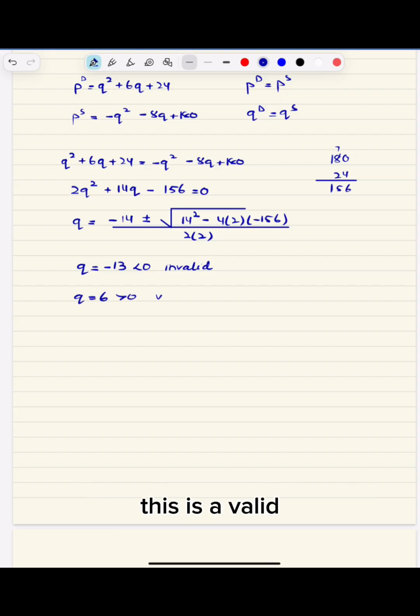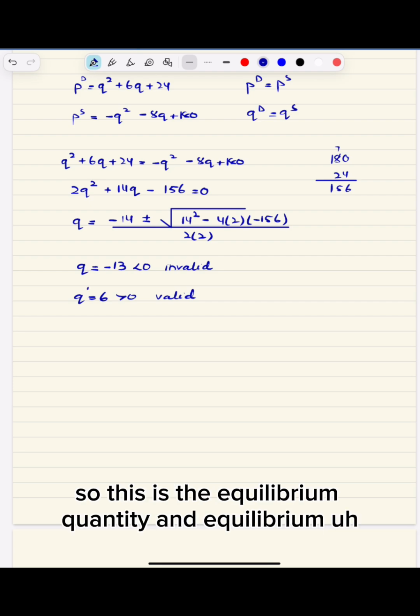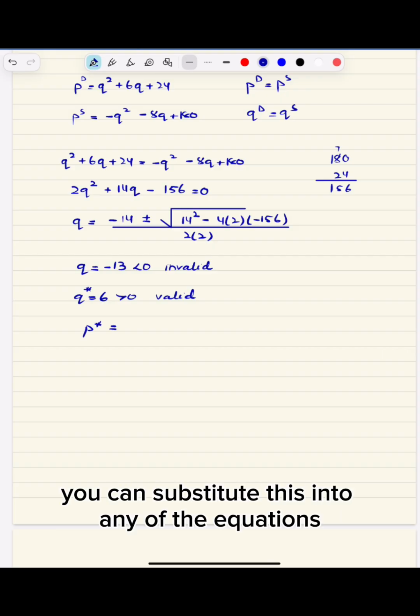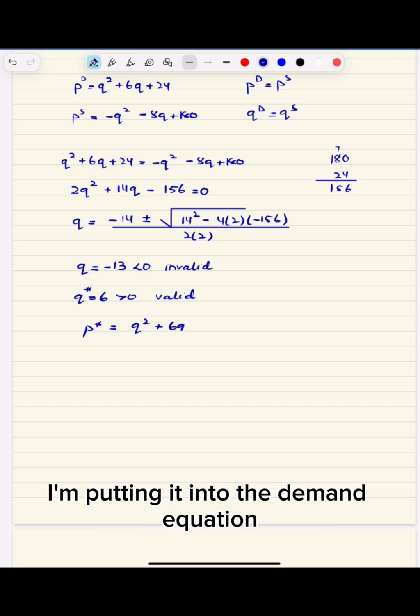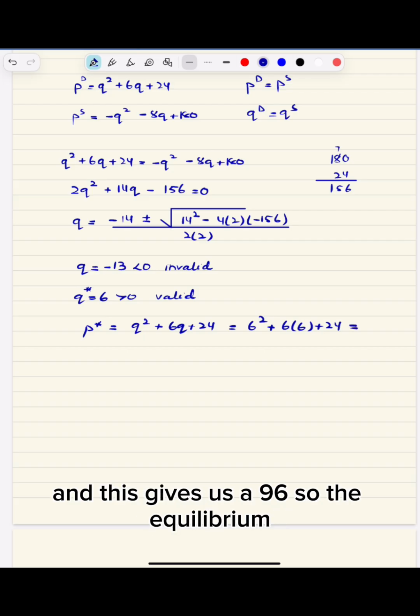This is a valid quantity, so this is the equilibrium quantity. The equilibrium price you can find by substituting this into either equation, the supply or the demand. I'm putting it into the demand equation. So 6 square plus 6 times 6 plus 24, and this gives us 96.